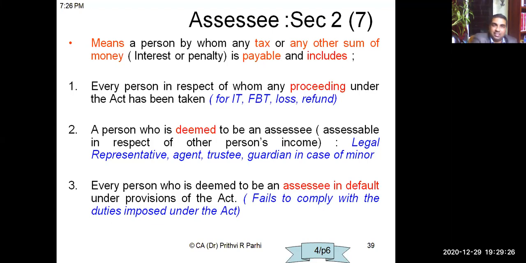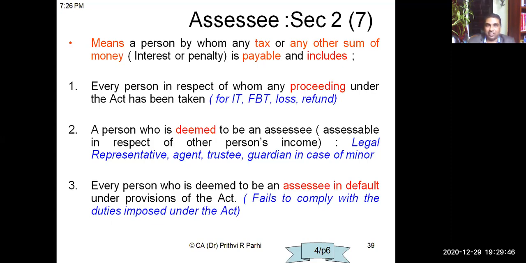Assessee means a person by whom any tax or any other sum of money is payable, and includes. So it means and includes. Both the terms are there or not? So this is an exhaustive cum inclusive definition.